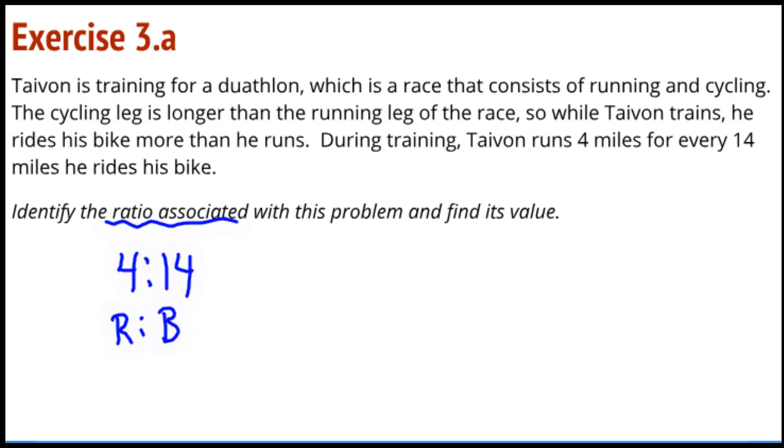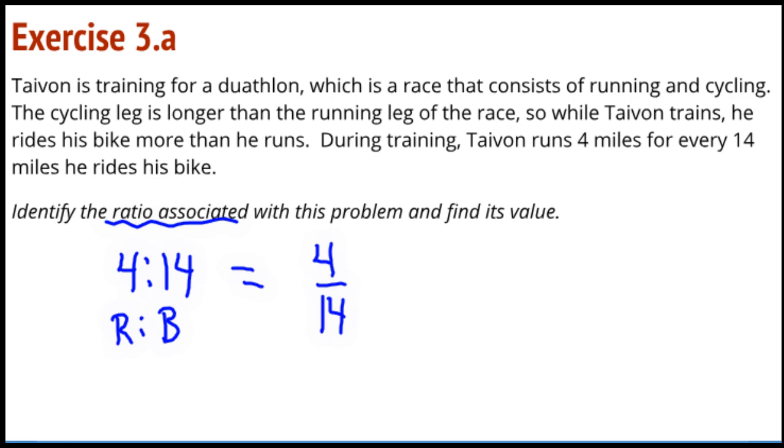So we have the ratio, and now we need to find the value. Now, in lesson 7, we worked on saying that the value is this 4 to 14. For every 4 miles he runs, he bicycles 14. Sorry, the number of miles that he runs is 4/14 of the miles he rides.